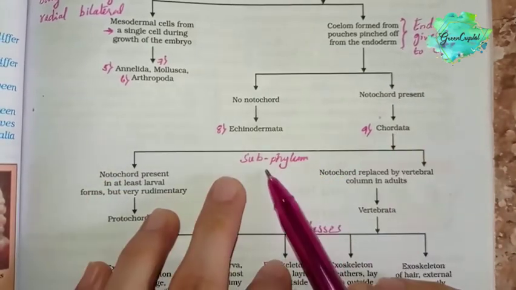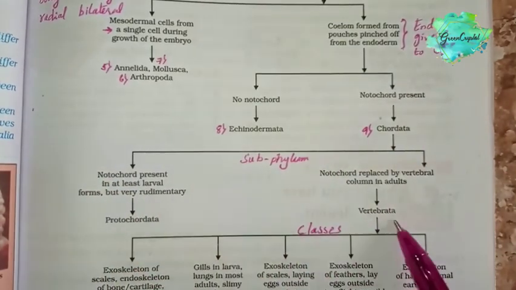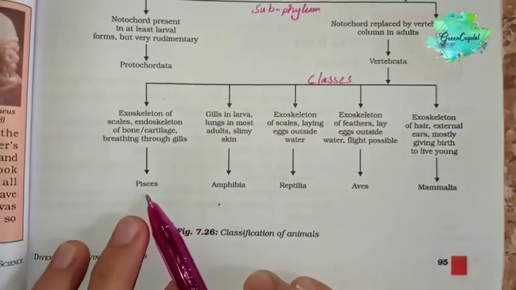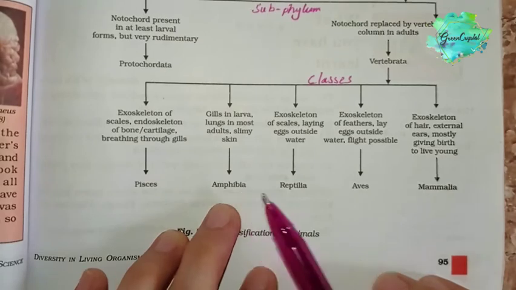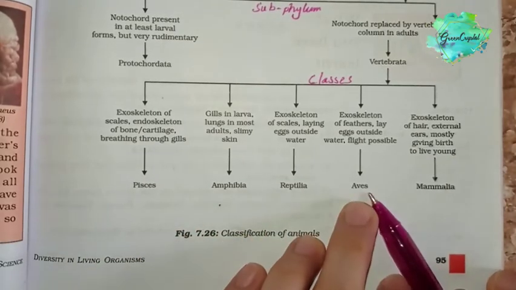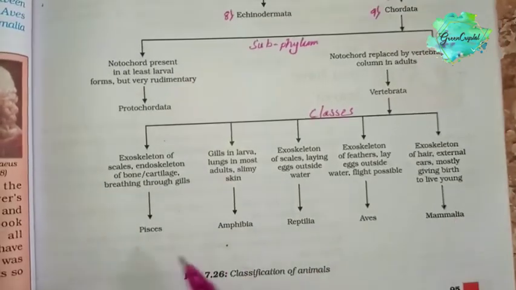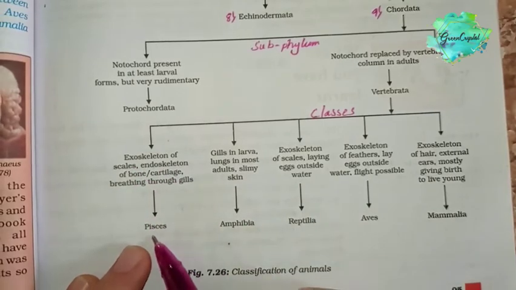These Chordata are again divided into subphyla, Protochordata and Vertebrata, and the Vertebrata classes are Pisces, Amphibia, Reptilia, Aves, and Mammalia. Here they have given some features also.